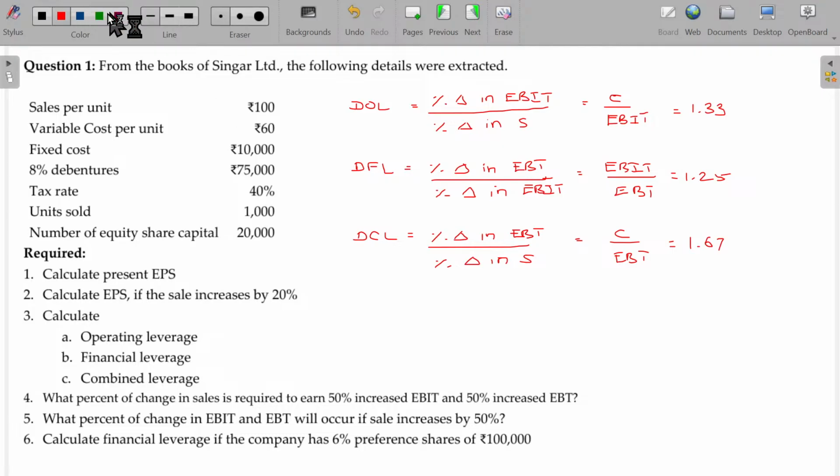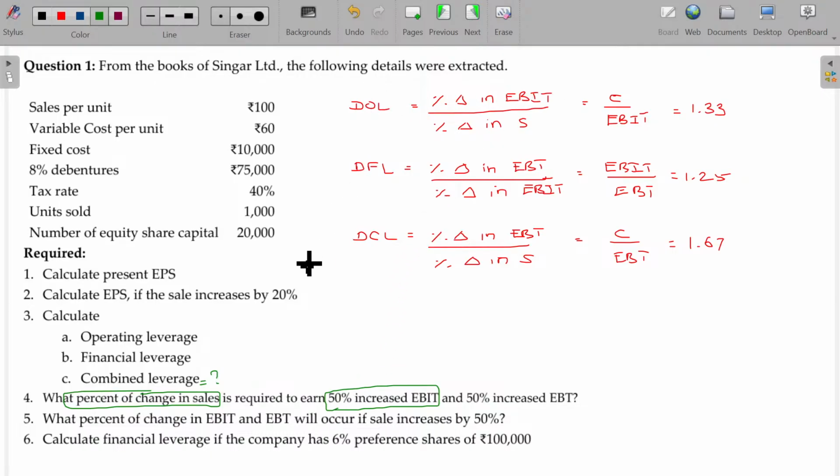Now question number 4. What percentage of change in sales is required to earn 50% increase in EBIT? Now the link is between EBIT change as well as sales change. Which formula will you use here?